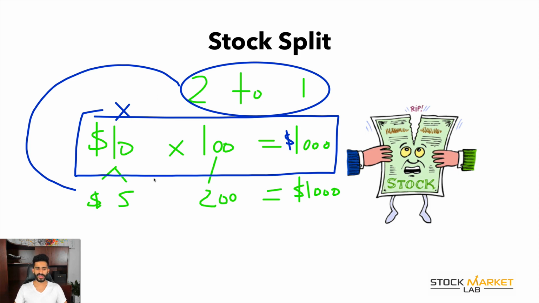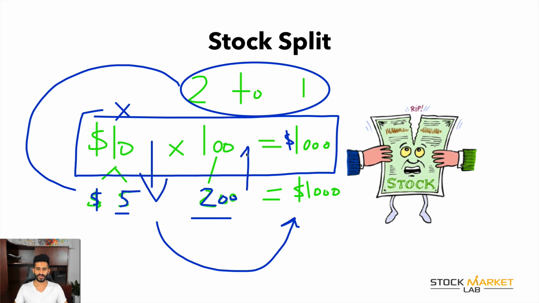A 2-to-1 split basically means that they're going to take their share price and divide it by 2. So the share price goes down and it goes to $5. This right here goes up. So instead of having 100 shares, they now have 200 shares. And the market cap, 5 times 200, is still $1,000.